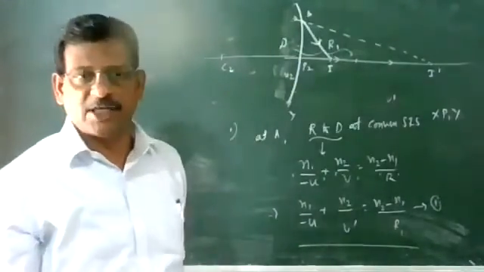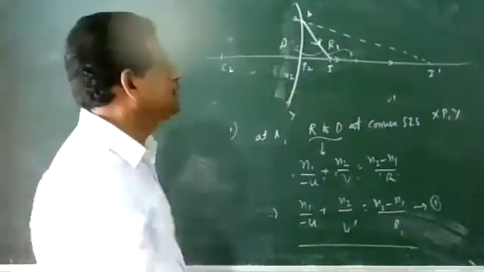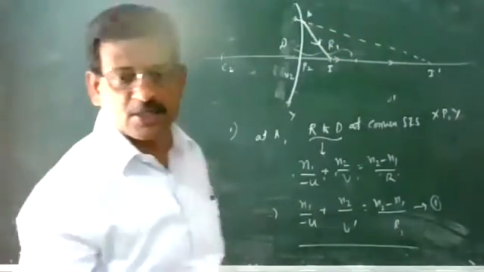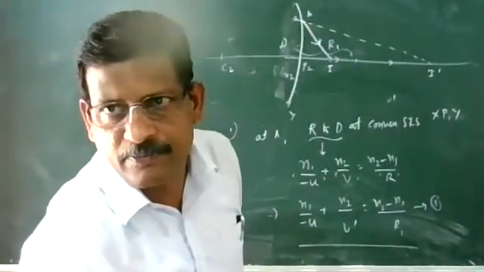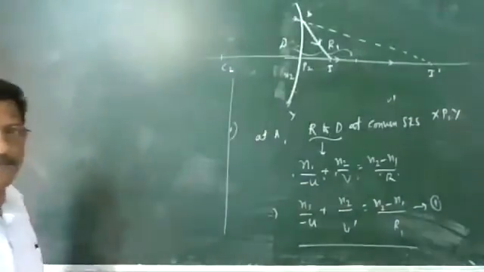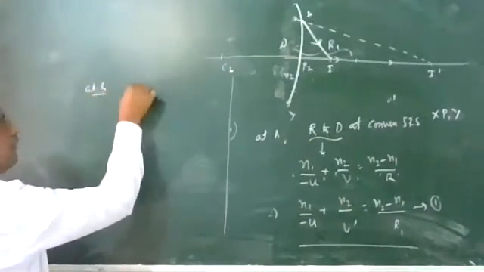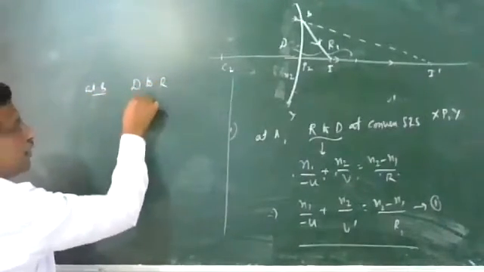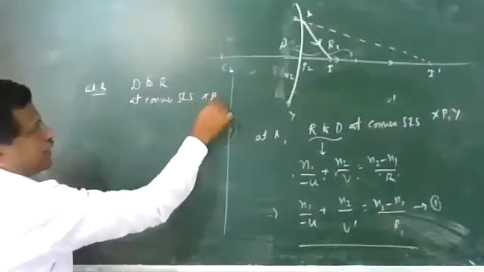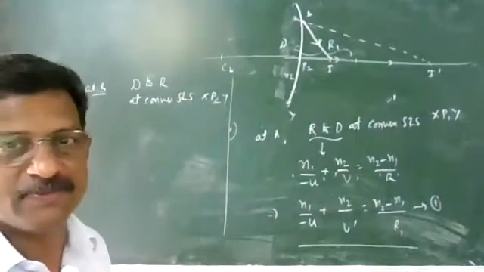For the second surface, next point at B, what is happening at B? At B is refraction from denser to rarer. At B, second point. At B, the refraction is from denser to rarer at the convex second surface. Where will be the object for the surface?